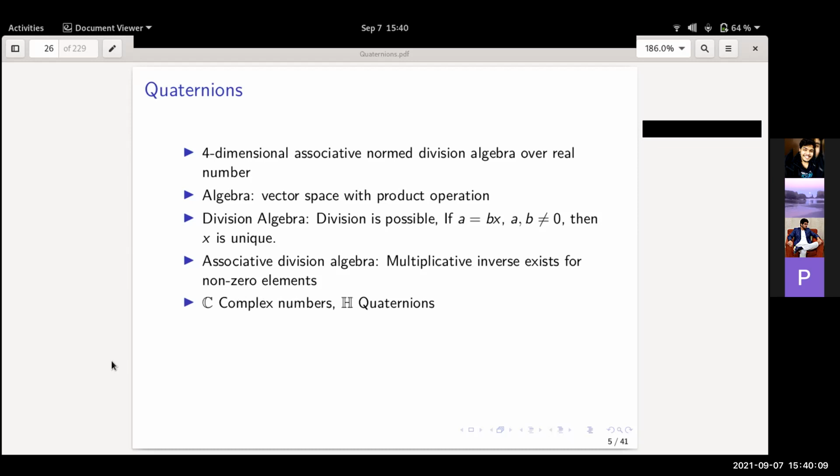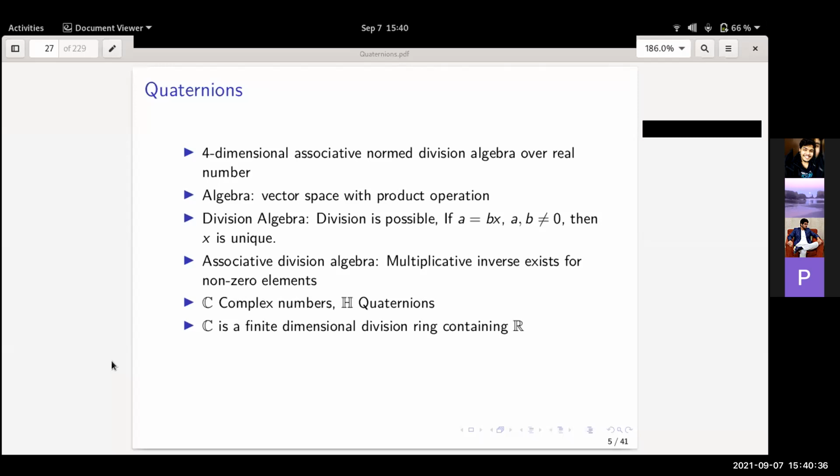So the notation for complex numbers is C with a box or something, and for quaternions it is H, because Hamilton discovered it. Now, an important statement we are going to make: C is a finite dimensional division ring containing R. What does it mean?